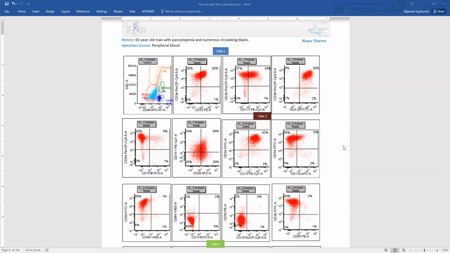For example, if it is a CML or an MDS, flow cytometry alone is not enough for your final diagnosis. For CML you need the 9;22 translocation. So in that case, you will just say left shifted myeloid maturation with aberrant blasts or something like that. Here, it is a straightforward diagnosis that can be made from flow cytometry.